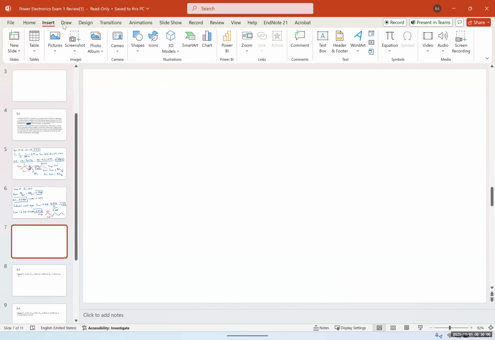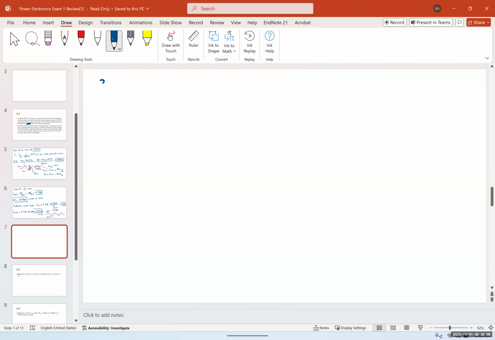Okay, now for case number 2, what was the output power? 10? Yes? Okay. So again, we have to find the output current. I out would be equal to, this time, 10 divided by 7.2, which gives us 1.39 amps.